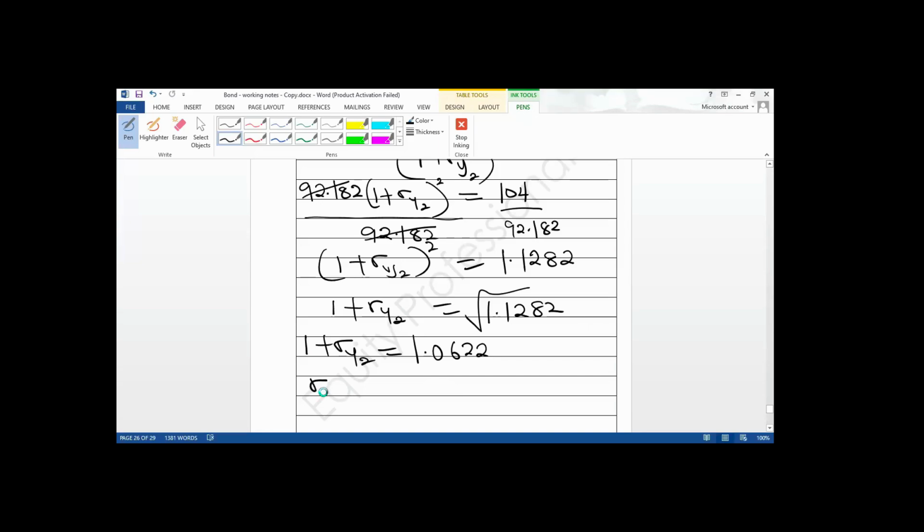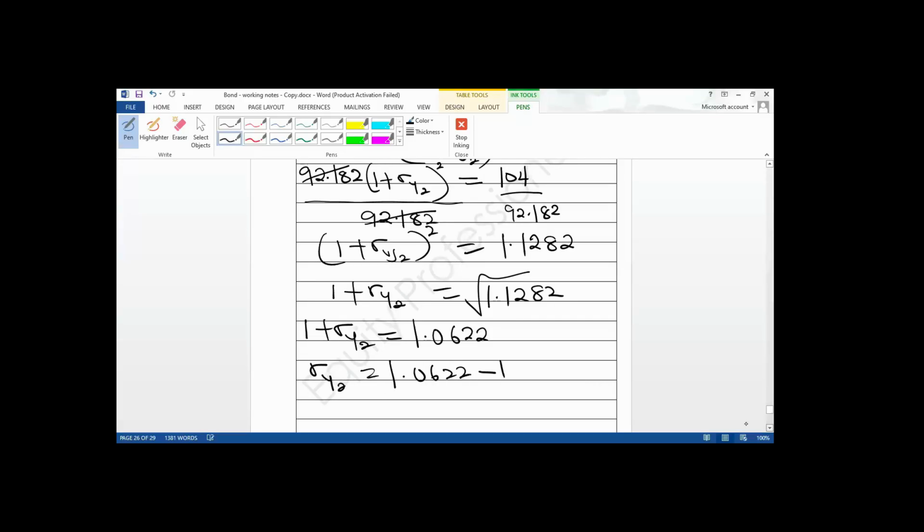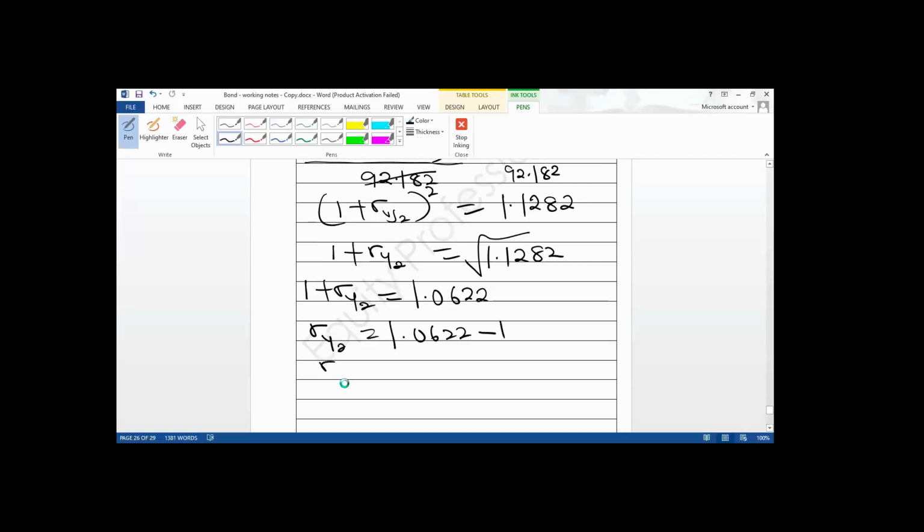Therefore, R in year 2 is equal to 1.0622 minus 1. R in year 2 is equal to 0.0622. In percentage, R in year 2 is 6.22%.